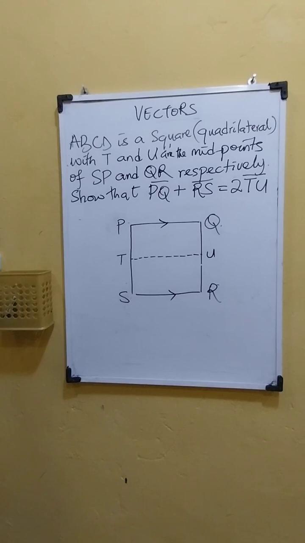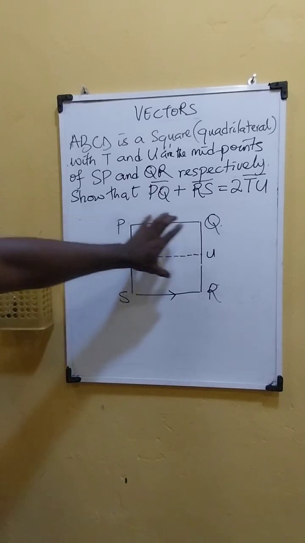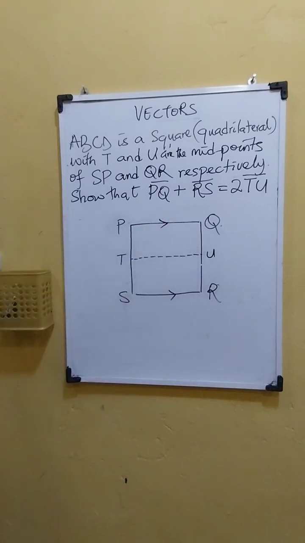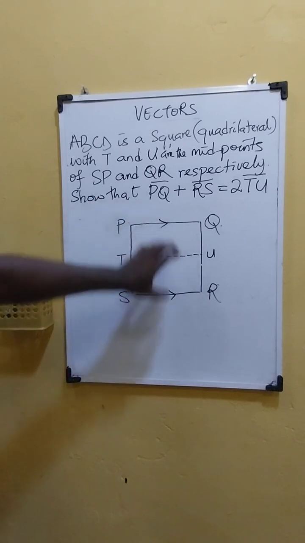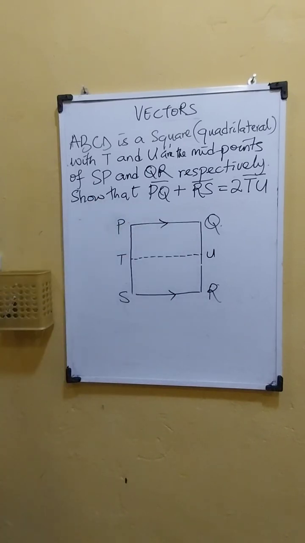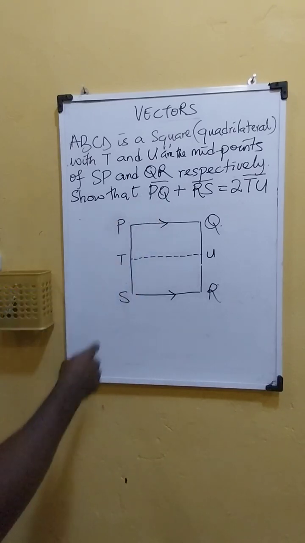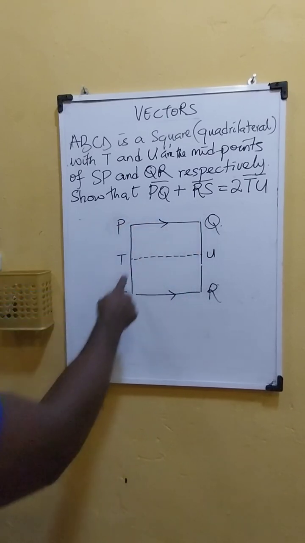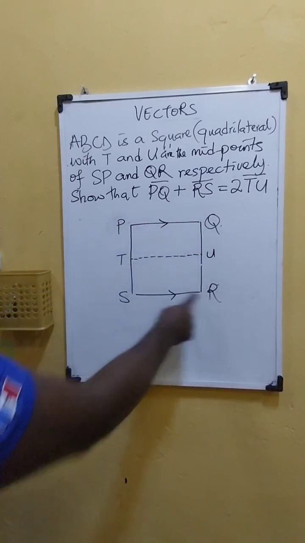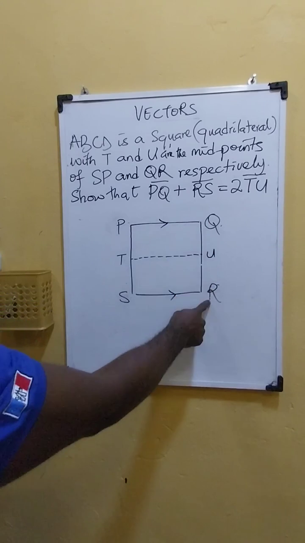The first thing you need to see in this diagram is that the diagram is divided into 2 equal parts, if I should put it this way. The first part of that diagram is PQ, and the other part is RS.